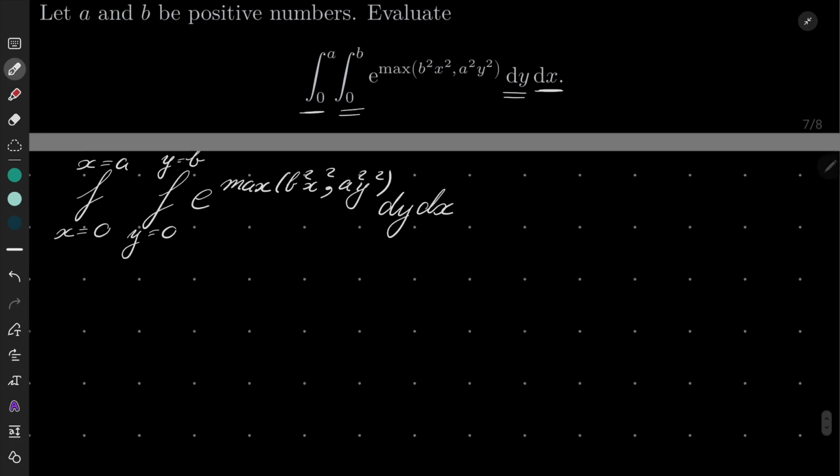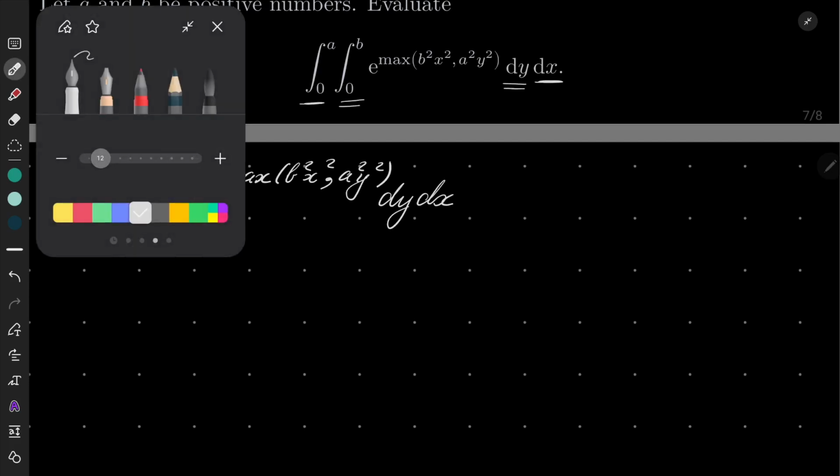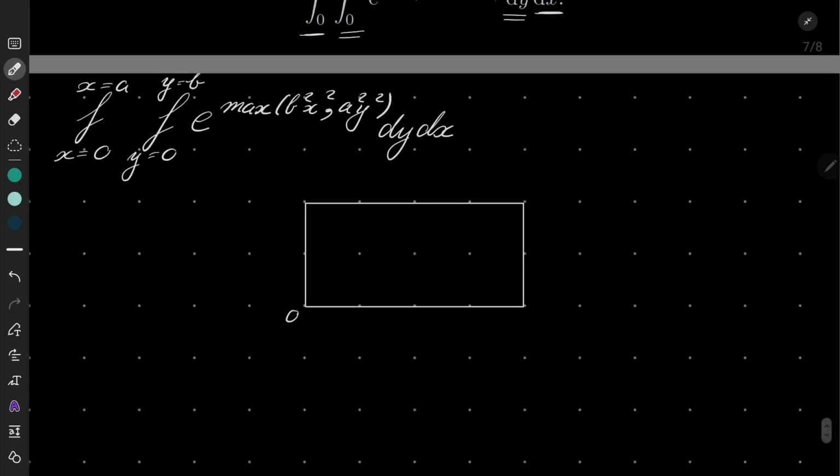So it should be visible that our area of integration is a rectangle. Our x goes from 0 to some number a, and y goes from 0 to some number b.